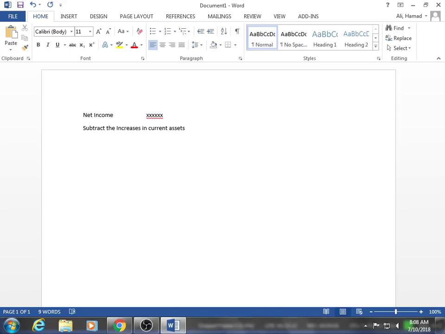Notice it's the opposite correlation between net income and current assets. That means you add the decreases and subtract the increases. So we subtract the increases and then we add the decreases in current assets.